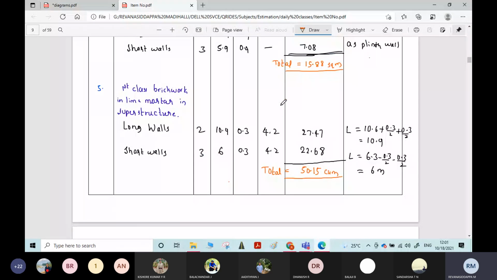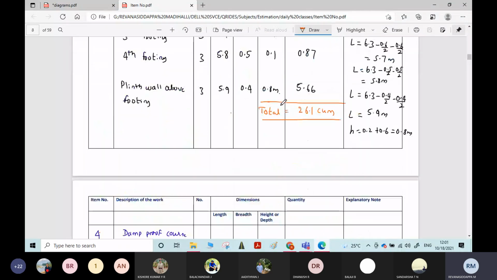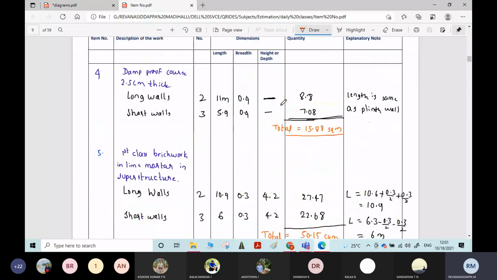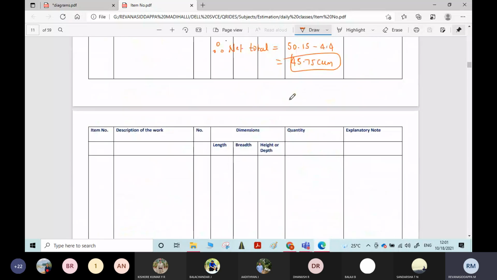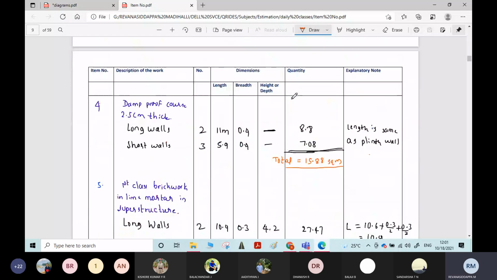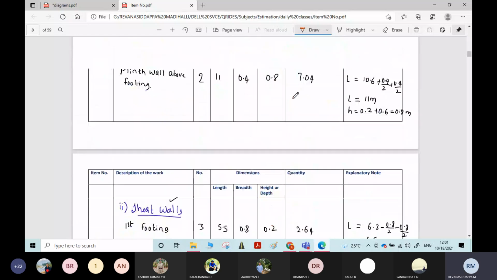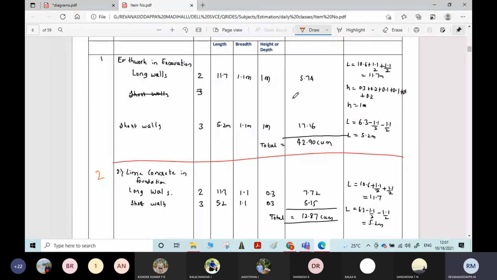We have finished all the calculations, and the problem is over. If you have any doubts in any of the calculations, you can ask before I move to the next problem. No doubts? No questions?